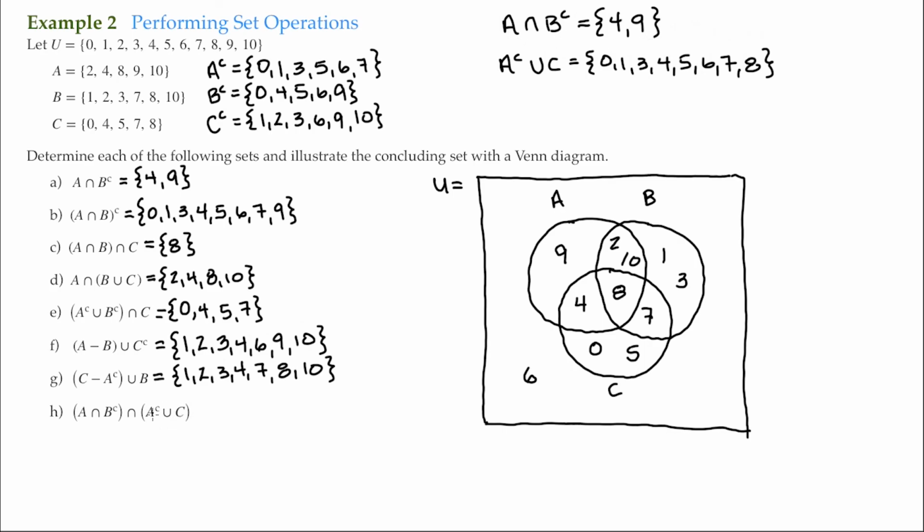With this grouping here. That's right here. So the intersection is going to be 4. And that's it. And you can guess what the corresponding Venn diagram will look like. So that right there is A intersect B complement, where that intersects A complement union C. And I think we're done.